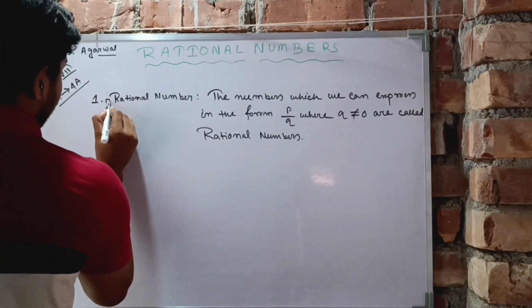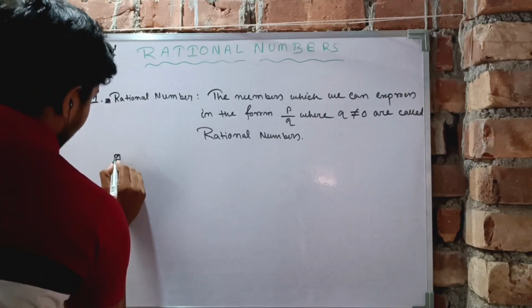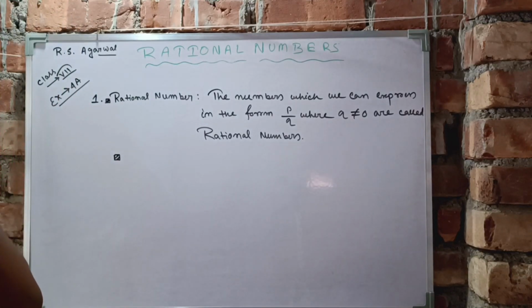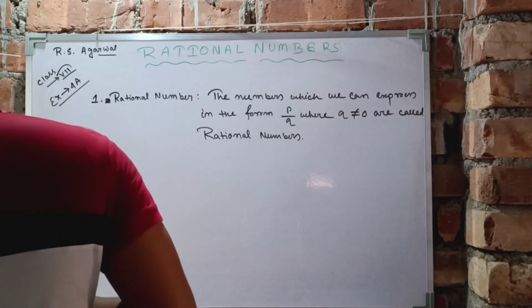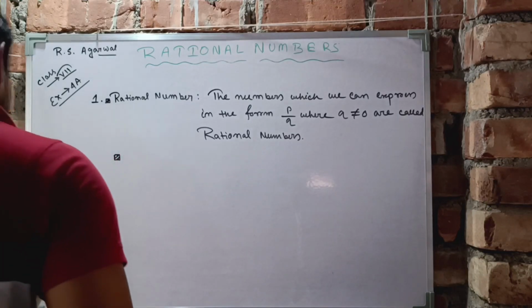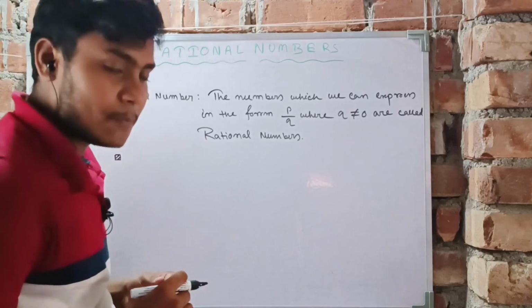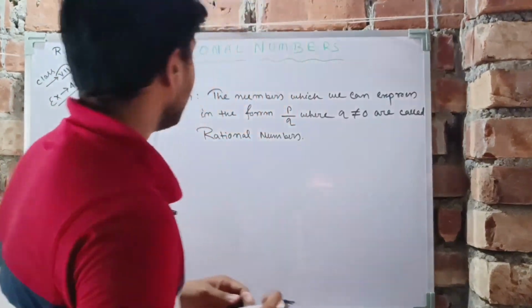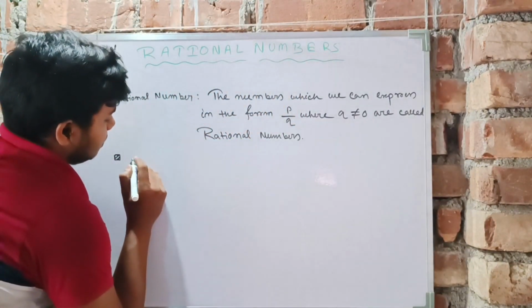That was the first part. Now the second part says give examples of 5 positive and 5 negative rational numbers.